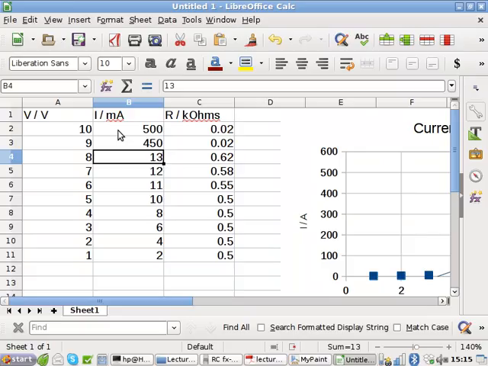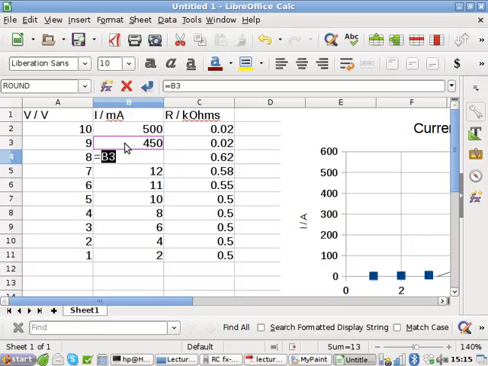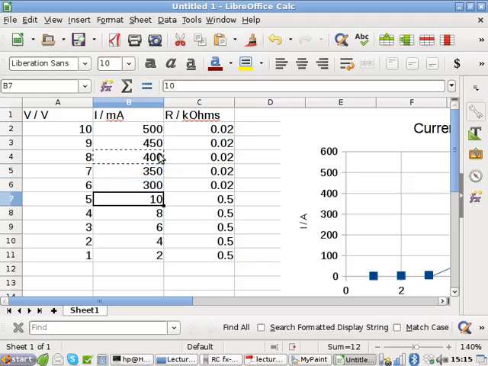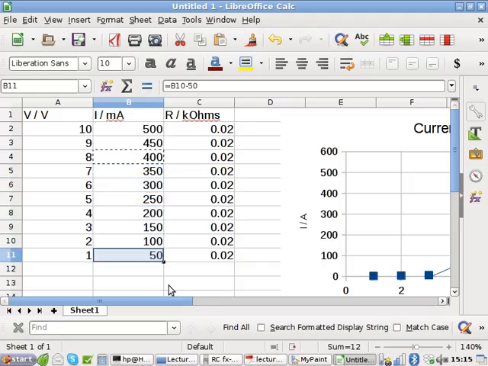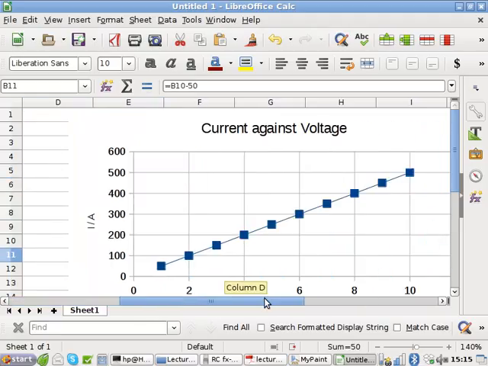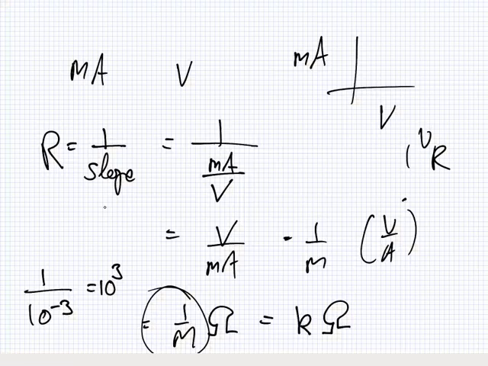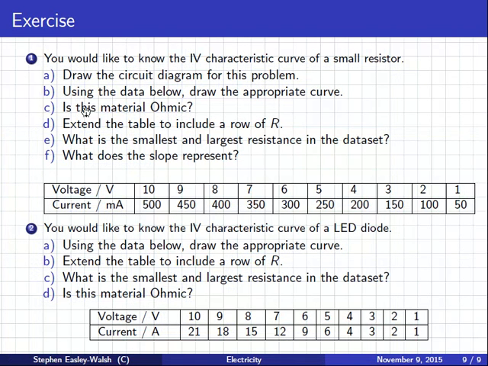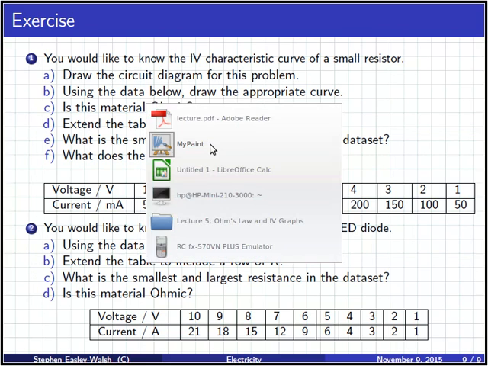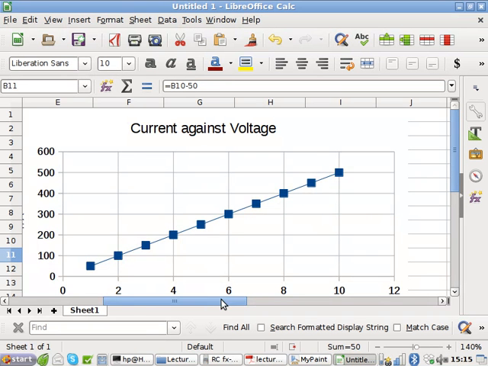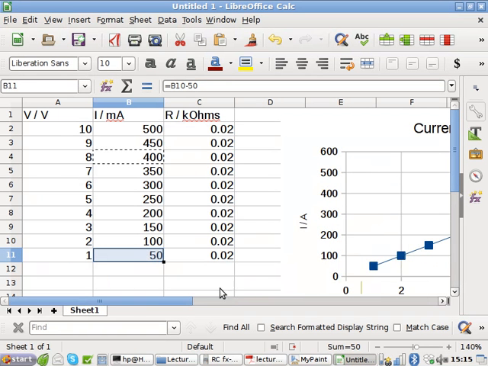And then it goes on by 50s. Like this? Yeah. So your graph looks like this. It passes through the origin, so it is ohmic. Yes, it is. And we have the resistance included already. Here, the resistance is a constant 0.02 kilo ohms.